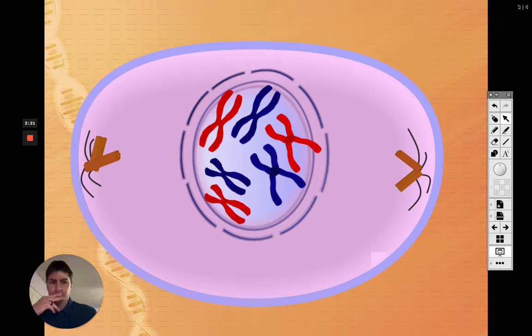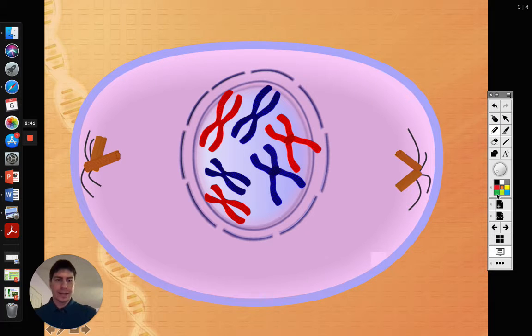And here's what everything looks like, just kind of like an animated picture of it. You guys can see here the dotted line that represents the nucleus kind of dissolving. So it's breaking apart. Anytime you see a dotted line, that's what they mean by that. And also the other thing I wanted to show you here is on the outside, right here.